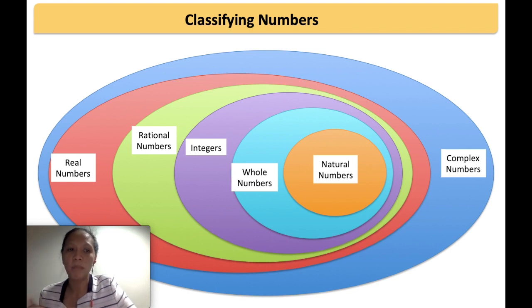If you look at the complex numbers at yung real numbers is a subset of complex numbers. Whatever is not included sa real numbers, mapupunta siya sa complex numbers. So, for example, if I say i, saan ito makikita? Nasa loob ng blue circle, pero nasa labas ng red circle.